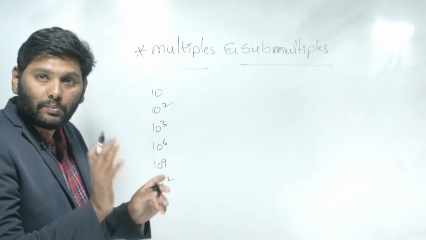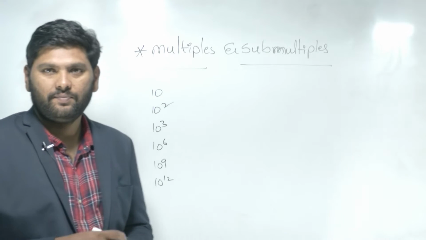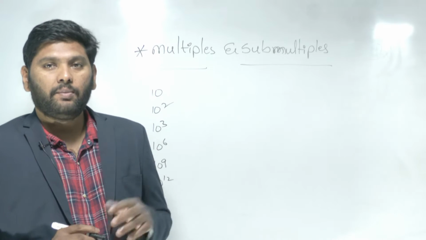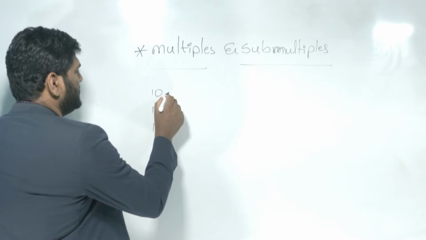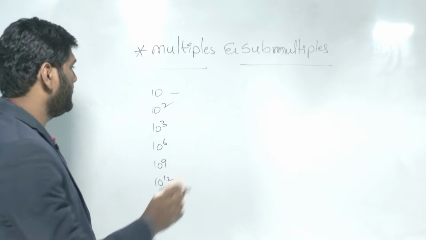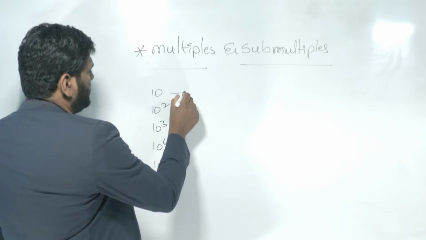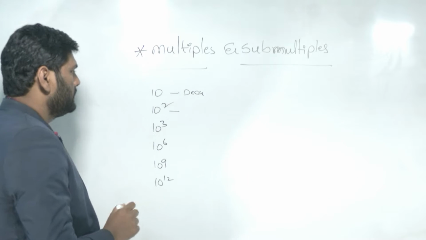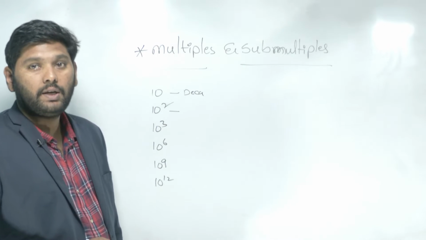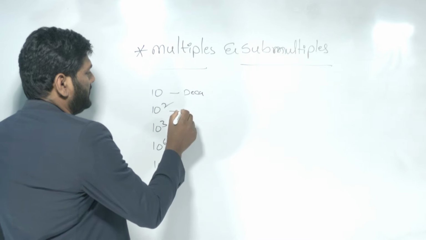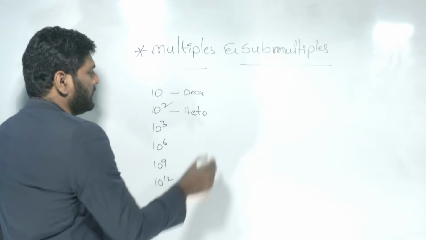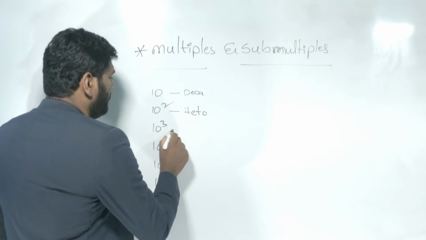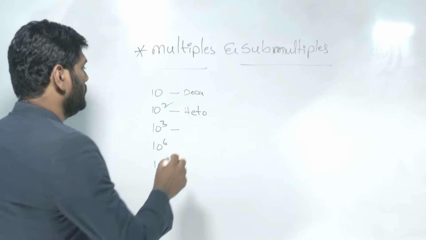But these multiples have names. These multiples are expressed with a name. The first one, 10, means deca. 10 square means hecto. 10 power 3 means kilo.